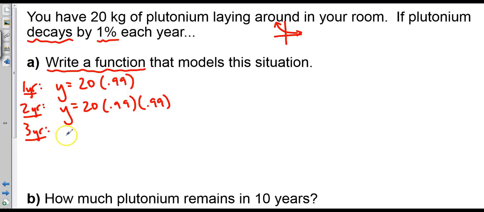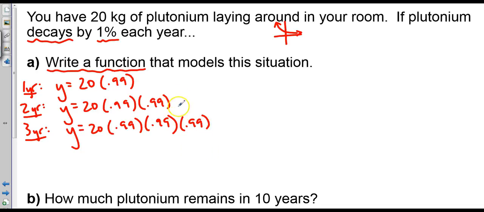After 3 years, again, it's going to decay by 1% the first year, and then whatever you have left after the first year, it's going to decay by another 1%, and then the third year, you need to take what you had after the second year, which is 20 times 0.99 times 0.99, and multiply by another 0.99, or take 99% of that.